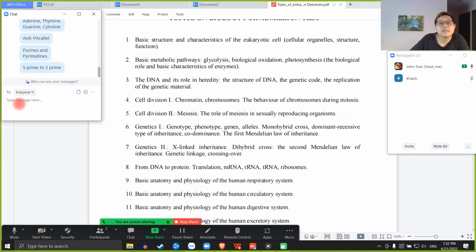Alright, so please describe the genetic code. I think to describe the genetic code, you have to describe the transcription and translation process, and then the codons and anticodons, messenger RNA, tRNA, something like that.